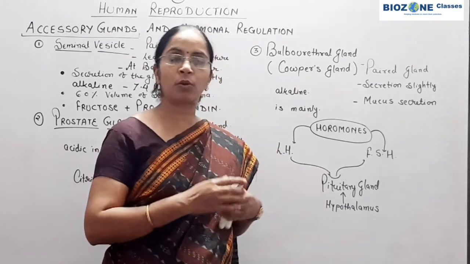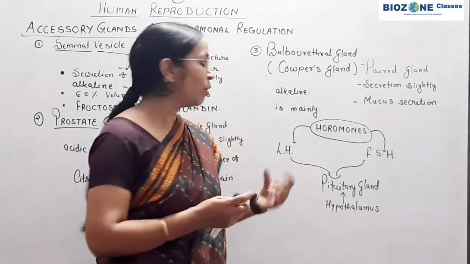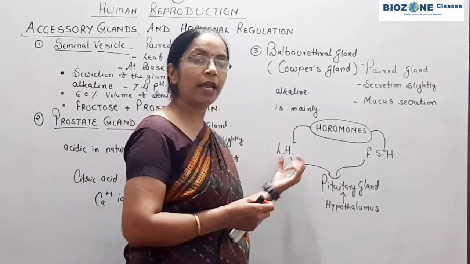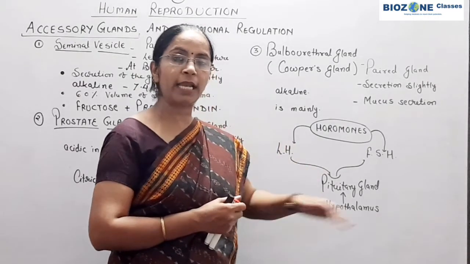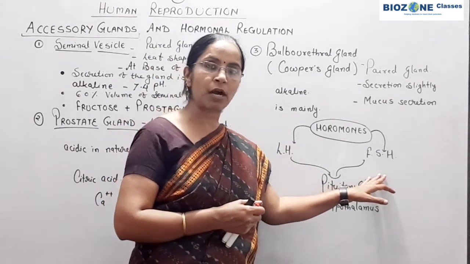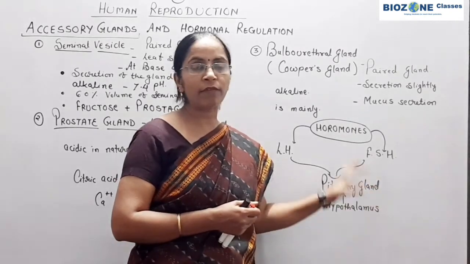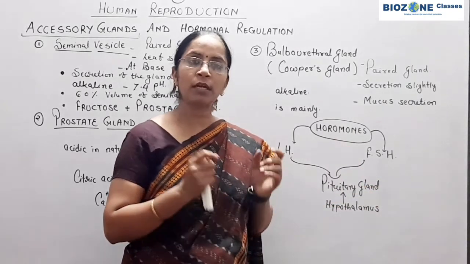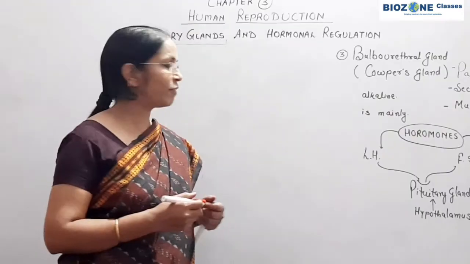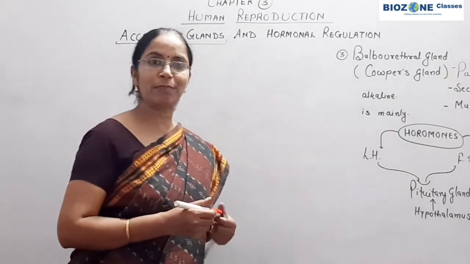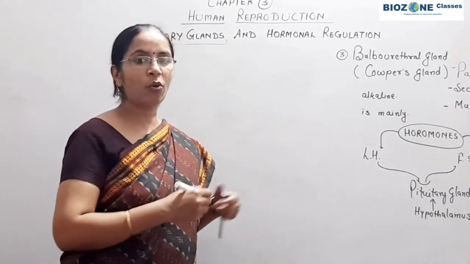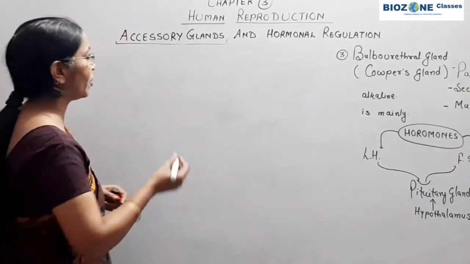Now what is the role of LH and FSH? On what kind of cell LH is activated and FSH starts its activity, we will study in the form of a graphical presentation. So here we study how LH and FSH play a significant role in the hormonal regulation of spermatogenesis.